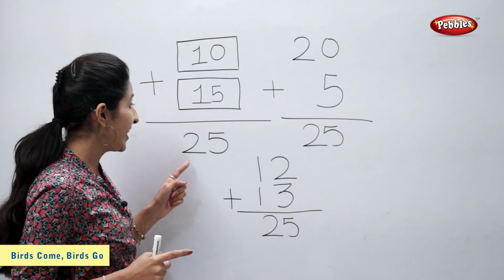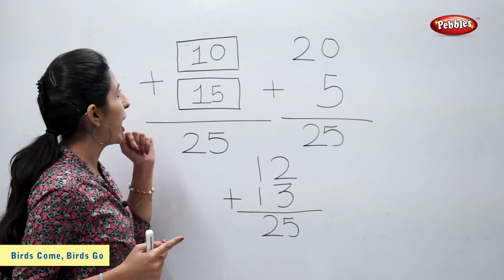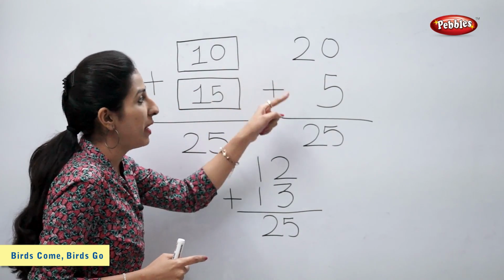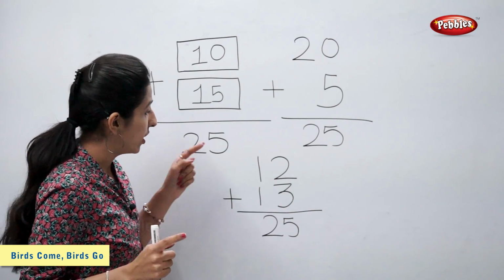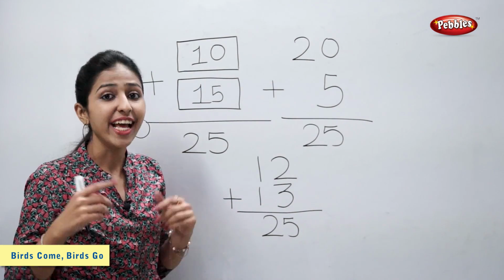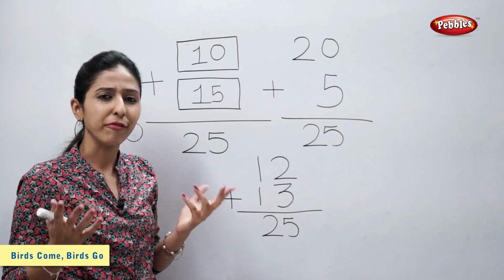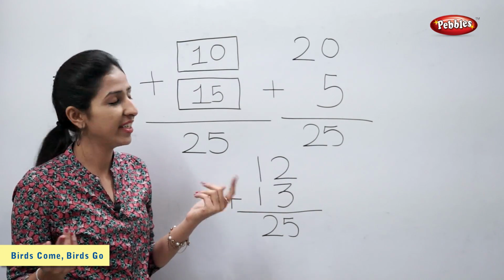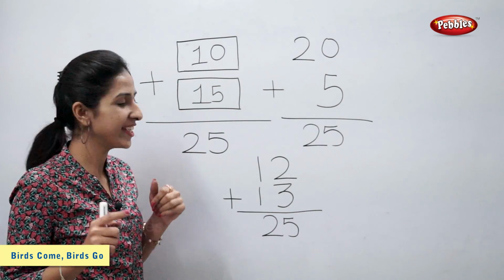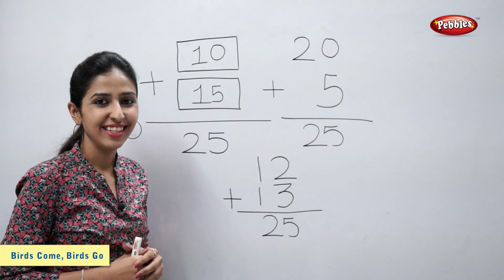So, for getting answer 25, we have used 10 plus 15, 20 plus 5 and 12 plus 13. So, for getting any particular number, we can use various numbers. The answer of all these combinations is 25.